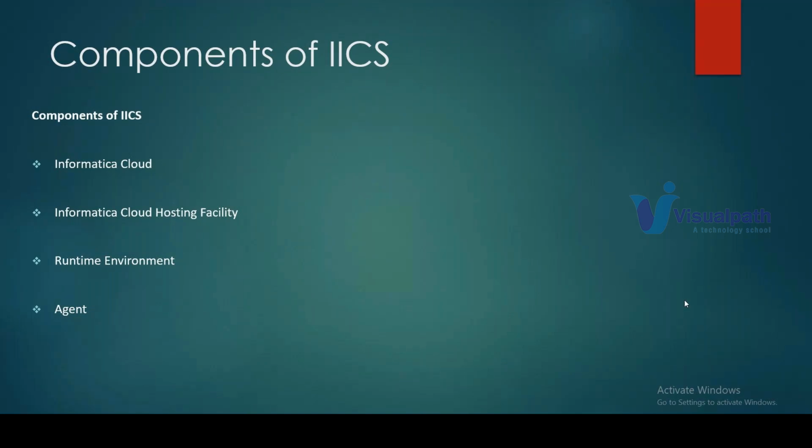Informatica Cloud is a cloud-based application. The hosting facility is where you have the Informatica Cloud hosted agent, and we also have the local secure agent. The runtime environment is what you need to run your jobs. It is an inbuilt integration service of IICS, and you have an agent.